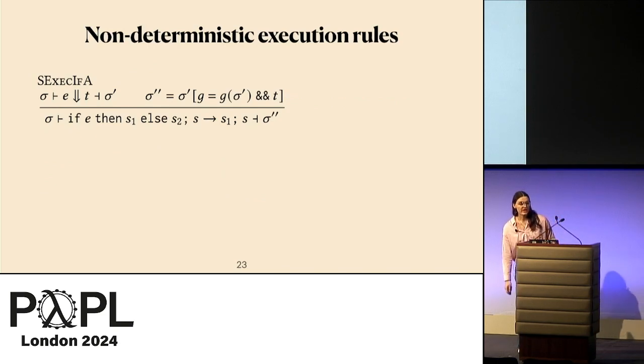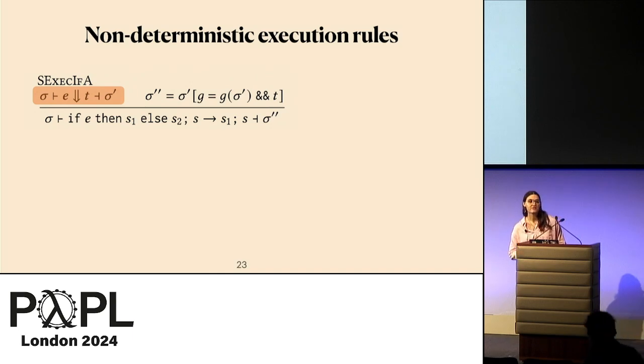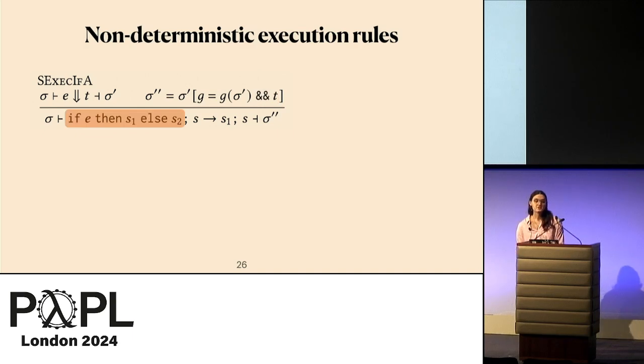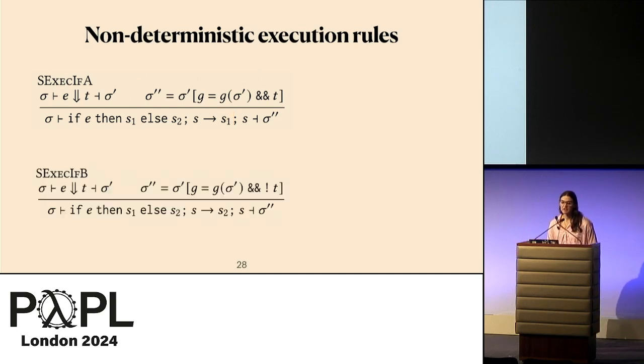So for example, to execute an if statement, we can evaluate this conditional expression to some symbolic value t, and then using a state where t holds, in other words, where the conditional is true, execution of the if statement transitions to the then clause. But that only covers one possible branch, so we have another rule, where we evaluate this conditional as before, and using another state where not t holds, in other words, where the conditional is false, execution transitions to the else clause.